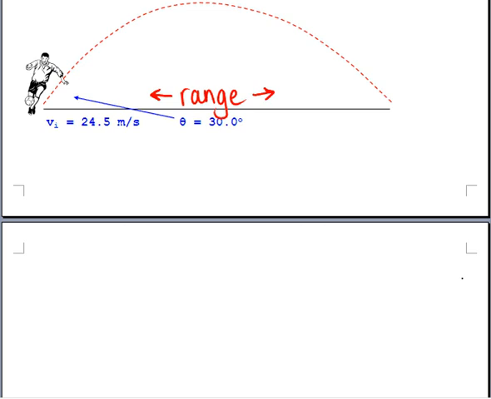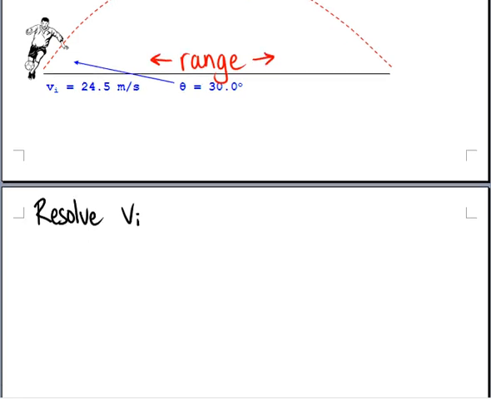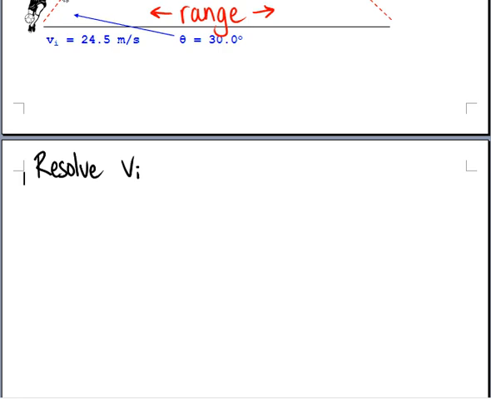So the first step with this kind of question is we actually have to resolve that initial velocity. We have to break it down into its components. How much of it is vertical, how much of it is horizontal, and then it actually becomes a lot like a regular projectile question, like the kind we saw in the last video.